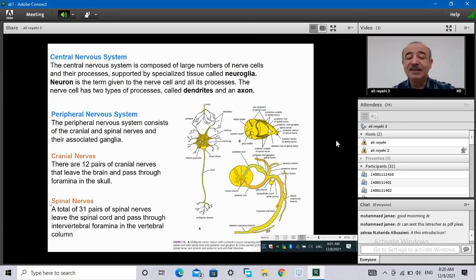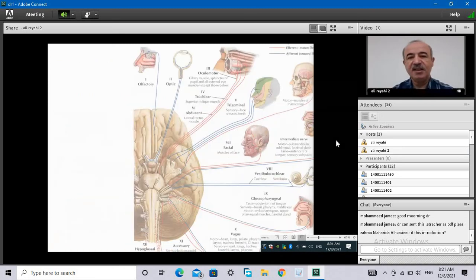That means these nerves exit from the spinal cord and reach to the muscles and other organs. In addition to the cranial and spinal nerves, there is another system called the autonomic nervous system, which contains sympathetic fibers and parasympathetic fibers.